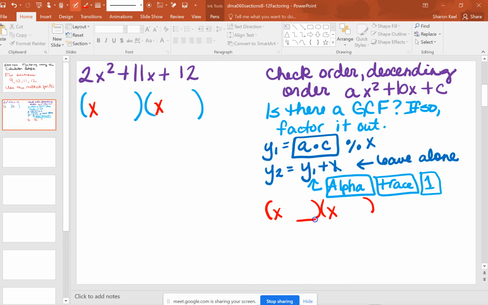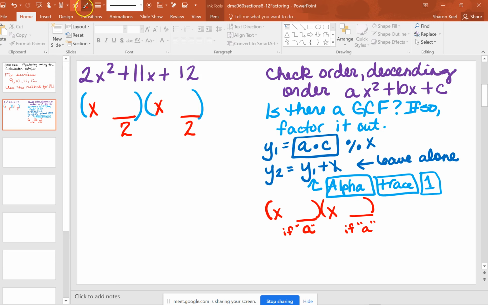If there is a value for a, this is the step everybody forgets, so I like to do this at the beginning. So if there's an a, I'm going to put this here. In our case, we have a 2 for the a. So I'm going to write x divided by 2. And I'm doing that so we don't forget it. That's the common mistake, we forget.